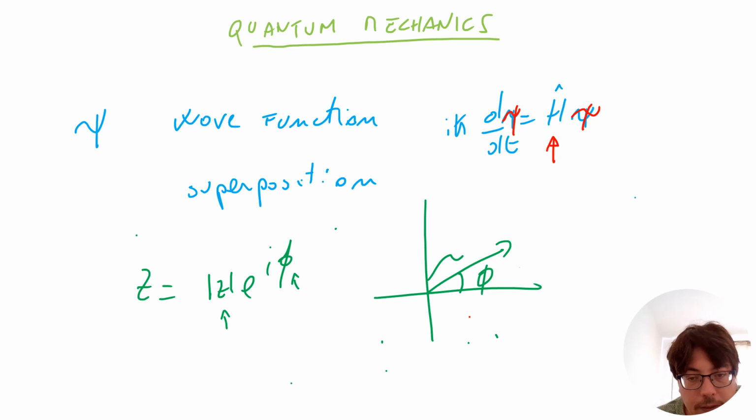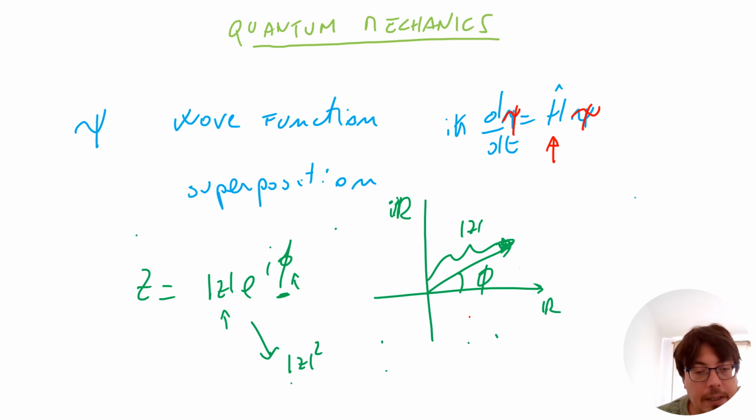The length of the vector is the modulus, and the angle is the position with respect to the plane. This is the real axis, and these are imaginary, so i times r. Nothing new, we know that. But when we go from this to the modulus square, we get rid of the phase.